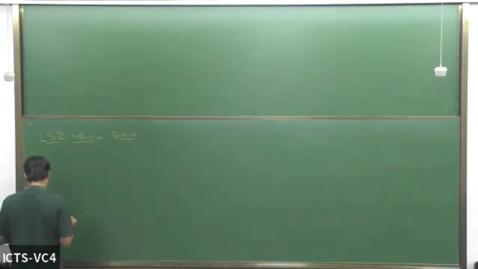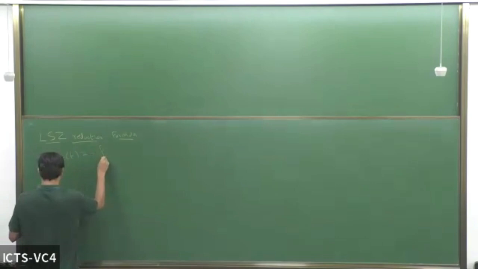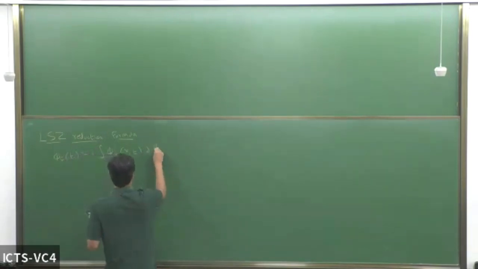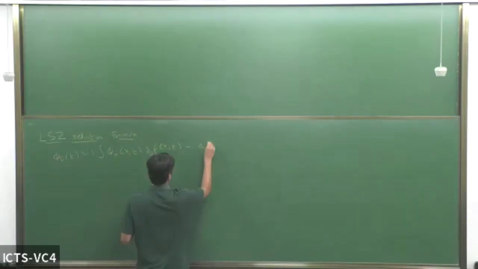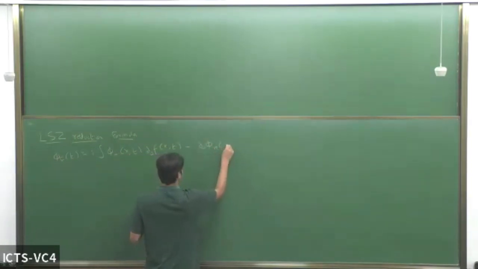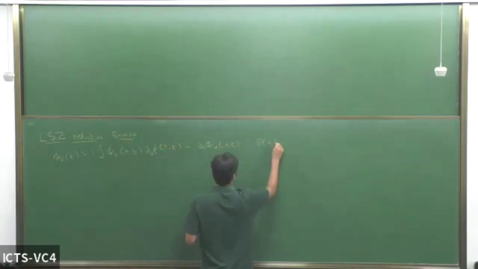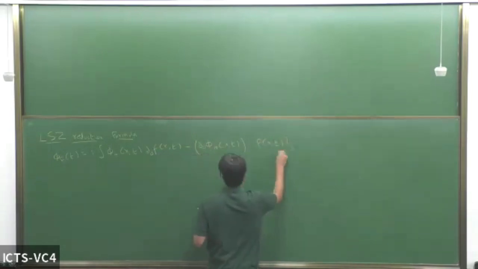We define this object which we call phi f of t, and this was i times the integral of phi h x t, integrated over d3x.